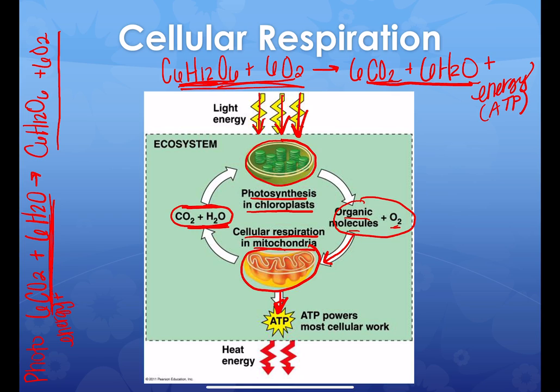Okay? And so the heat is produced. And that's why you maintain a body temperature of 98.6, because all of the chemical reactions that normally happen in your body on a daily basis release heat.